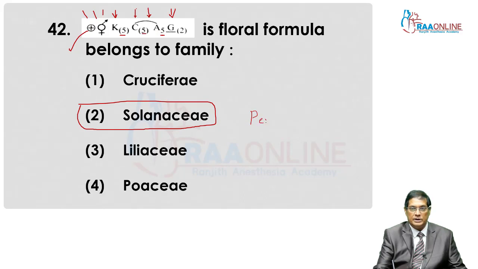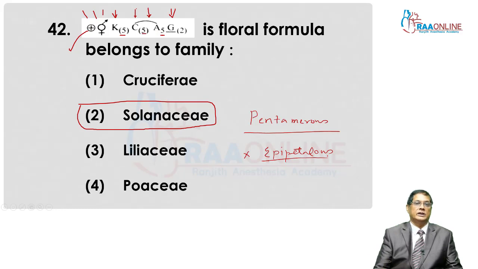Number 1, pentamerous, and number 2, epipetalous stamens. They are seen in Solanaceae only. So the formula belongs to family Solanaceae.